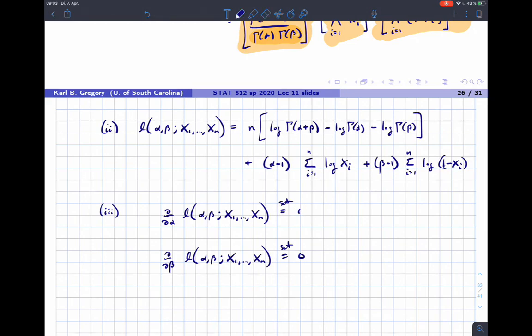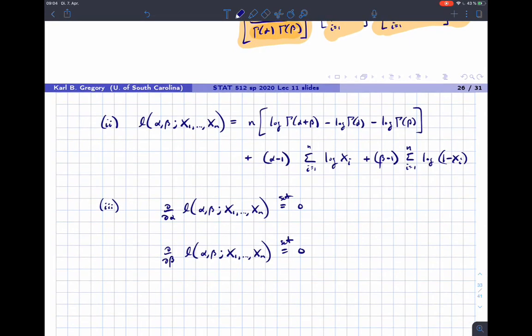And provided I can take those derivatives, and provided there's a unique maximizer, the solutions to these equations would be the maximum likelihood estimators, or the values of alpha and beta which maximize the likelihood function.